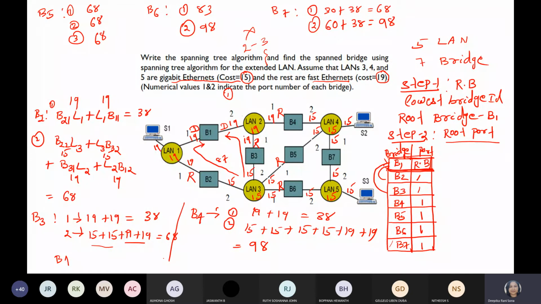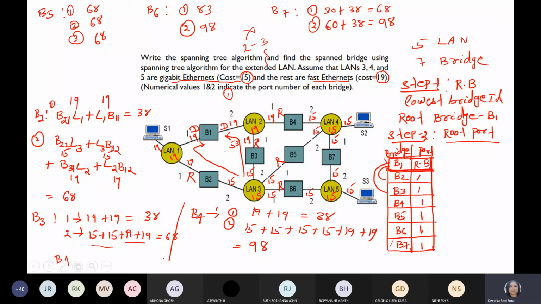It is 15 plus 19 plus 19, 38, plus 15, how much? 53, ma'am. Then this other part, 15 plus 19 plus 19, again it is 53.